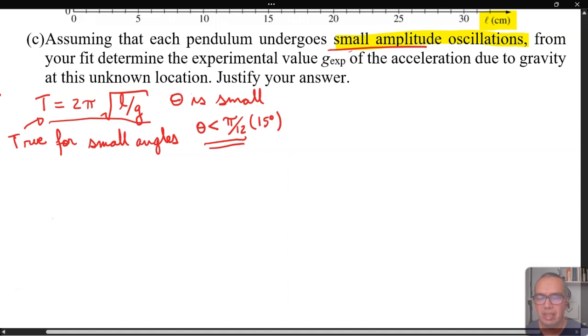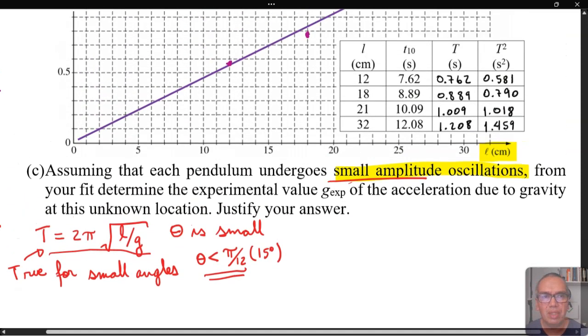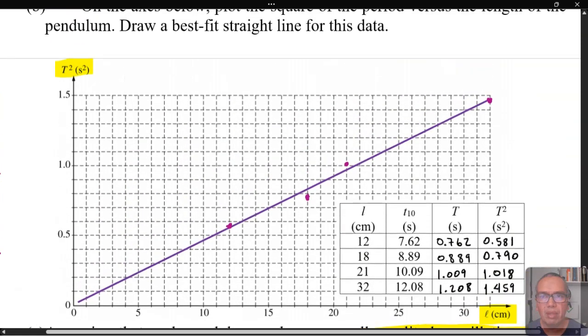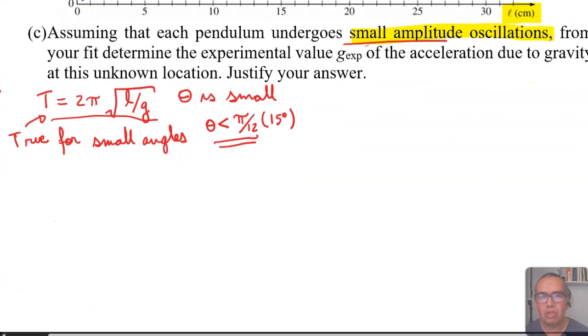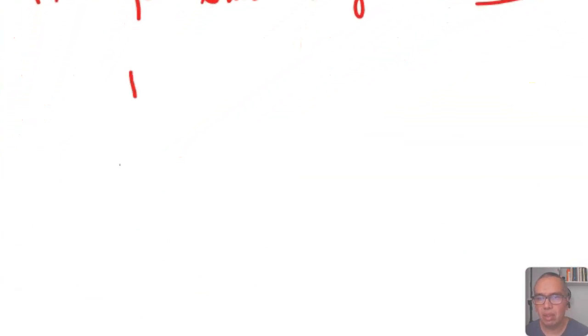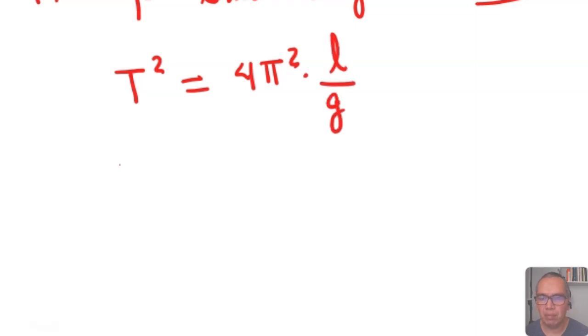The whole idea is, remember, you have in this graph the square of the period versus the length of the pendulum. So if you look at the equation, you can make it look like this. Square of the period is equal to 4 pi squared times the length divided by g. The square root cancels with a square.